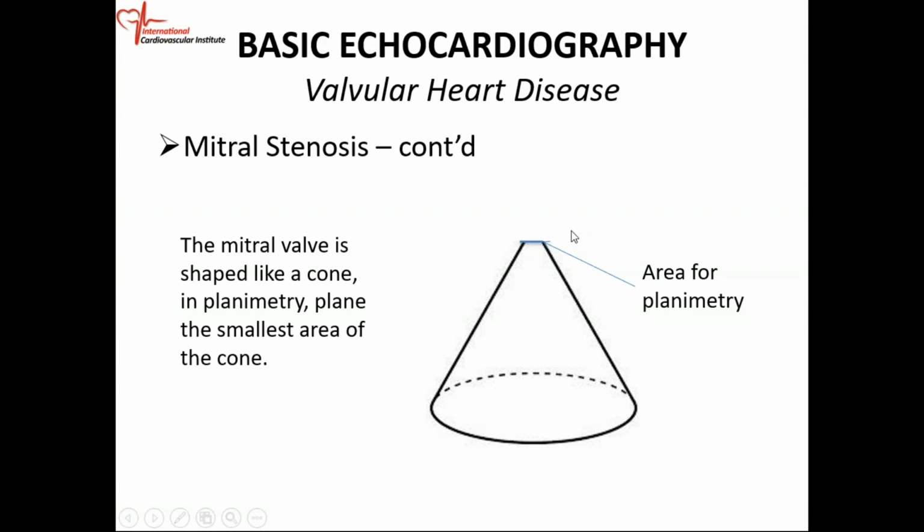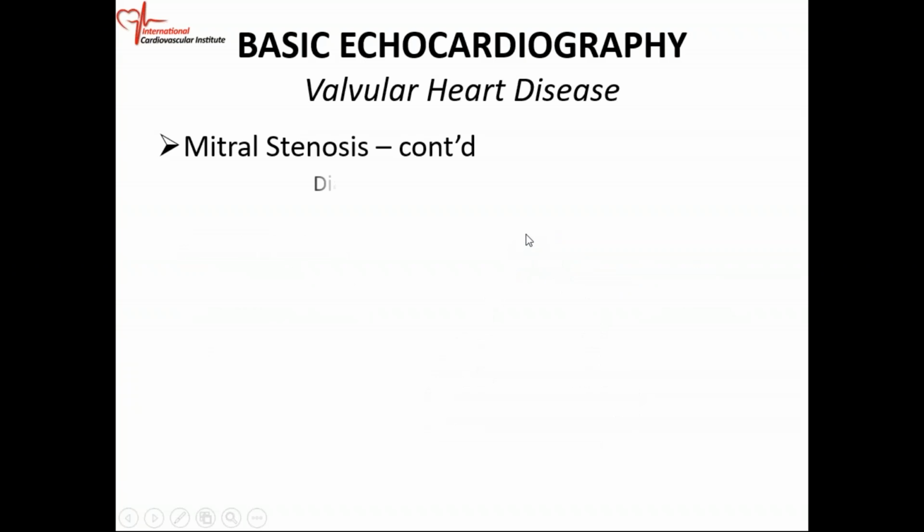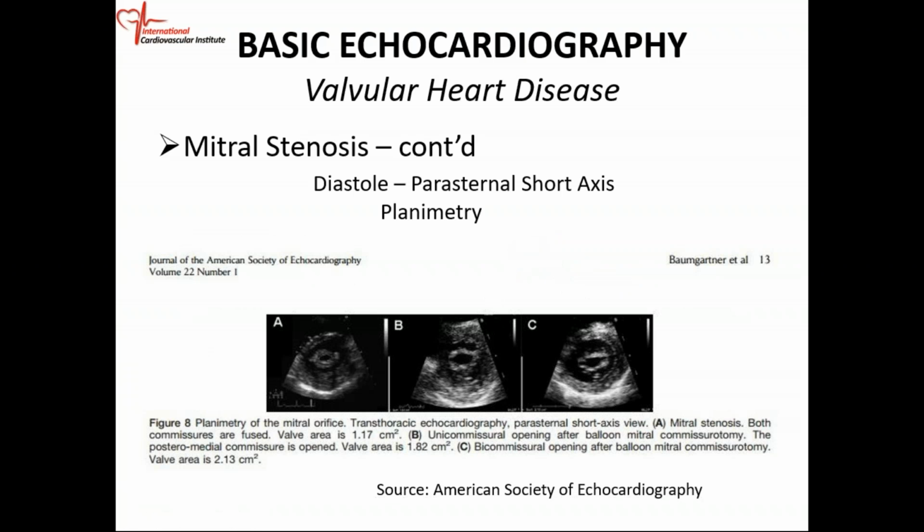So you want to do planimetry of the narrowest portion. You have to look at the entire valve apparatus to get the narrowest portion at the leaflet tips. Then you just do planimetry around the opening, and you'll get the mitral valve area.